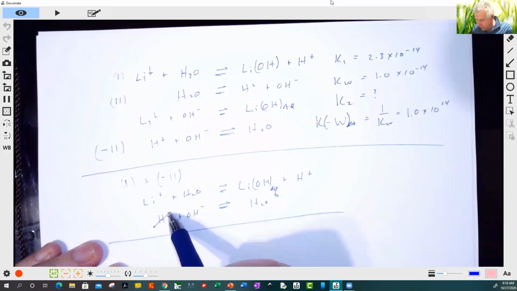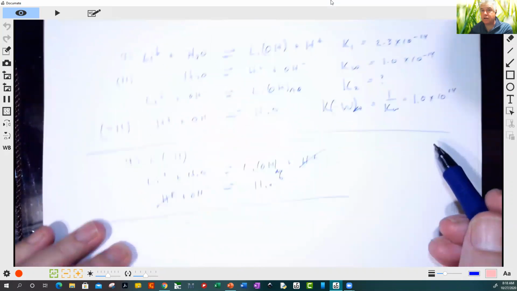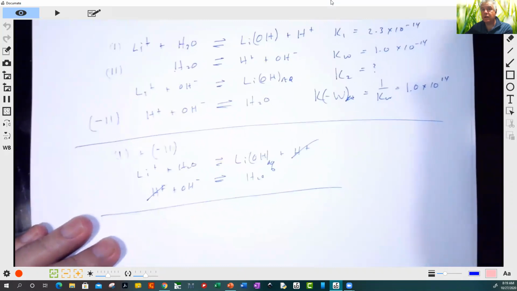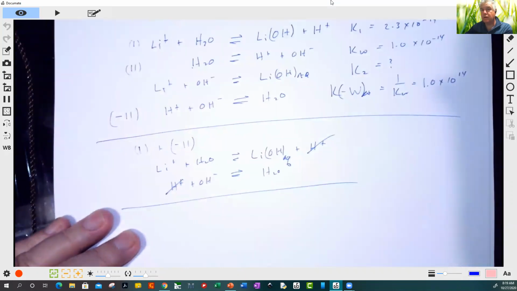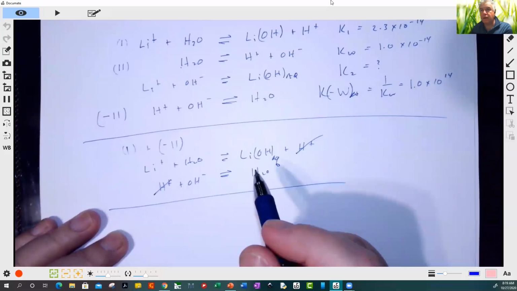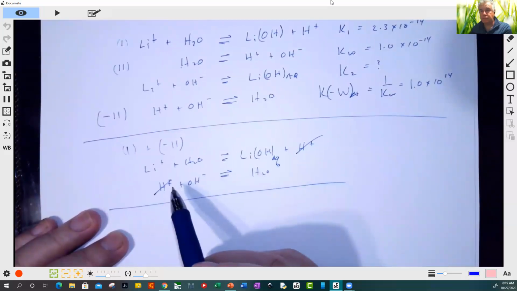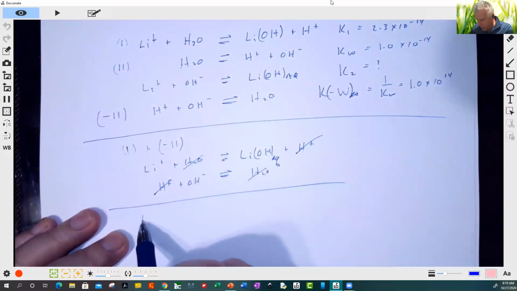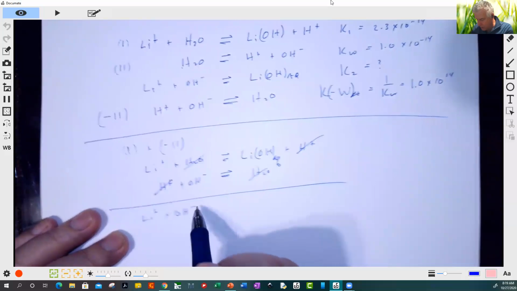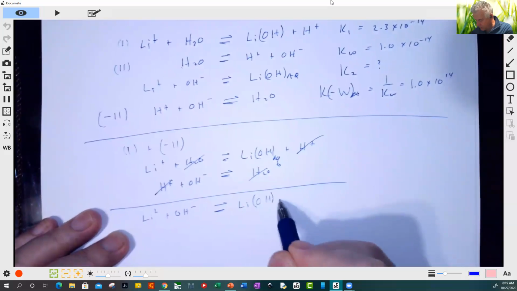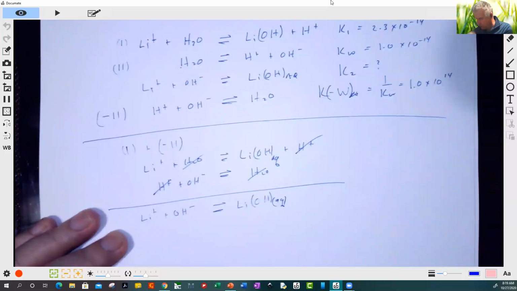You see H plus is a reactant and a product, so they cancel. And then the water cancels out. So now what we're left with is Li plus OH minus makes LiOH aqueous. That's the one we're looking for, right?